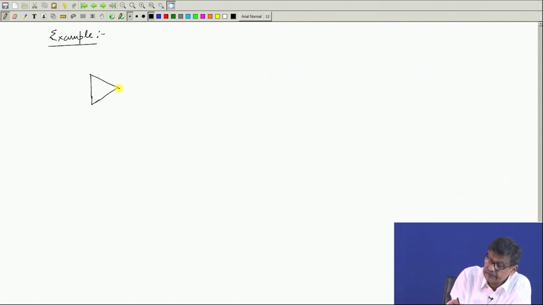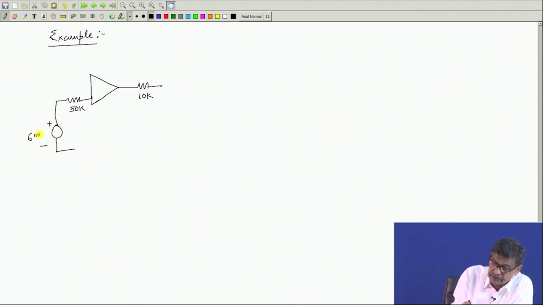So, this is some 10 k, this is some 50 k, here is a voltage source of 6 millivolt, and here is a connection which goes like this. This connection is very popular, and this is minus, this is plus.